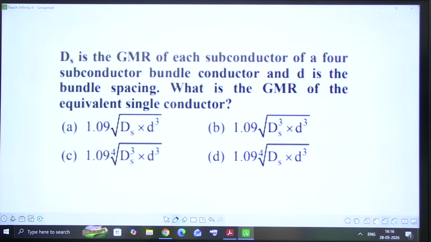Yes. So he's asking, Ds is the GMR of each subconductor.